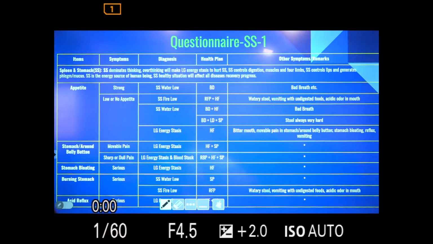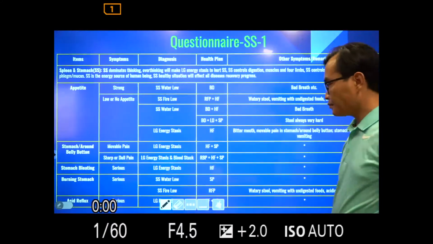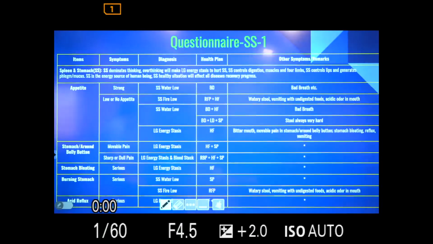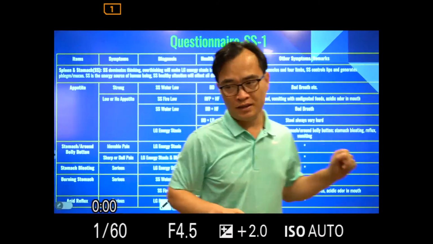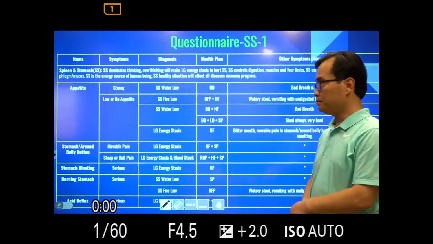The words look small, but you can read. Let me get a pen. With a pen is better. And the camera will automatically adjust the focus to make the picture clear.